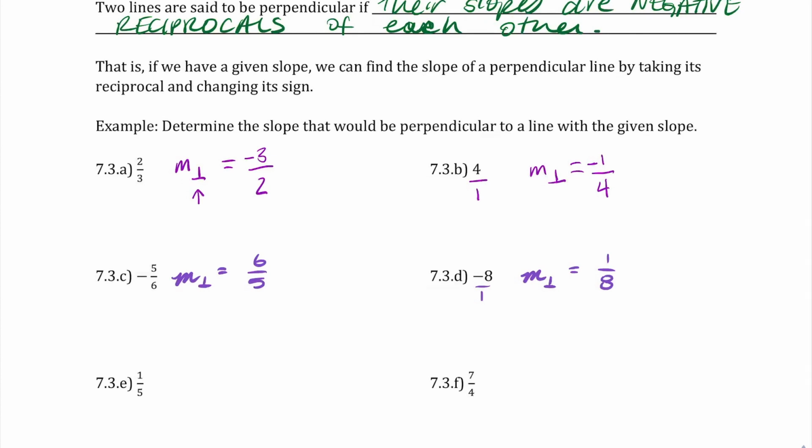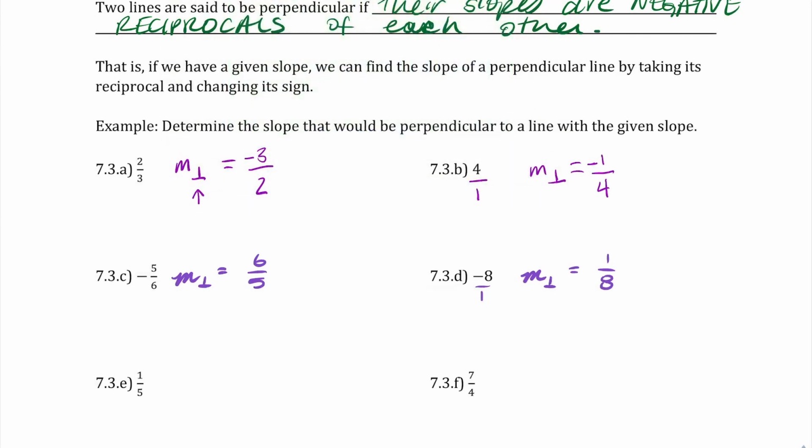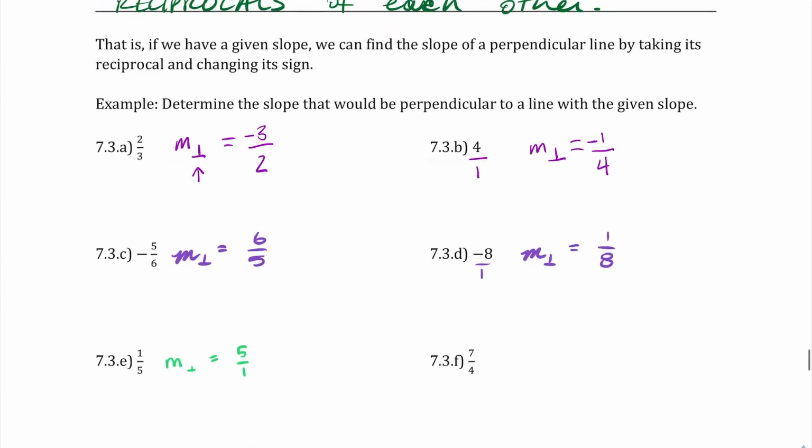Yay! That's me. So we can do the exact same thing and continue to find the slope of the perpendicular line. And we're still just flipping it upside down. So the 1/5 becomes a 5/1. Because the original slope was positive, this perpendicular slope will be negative.